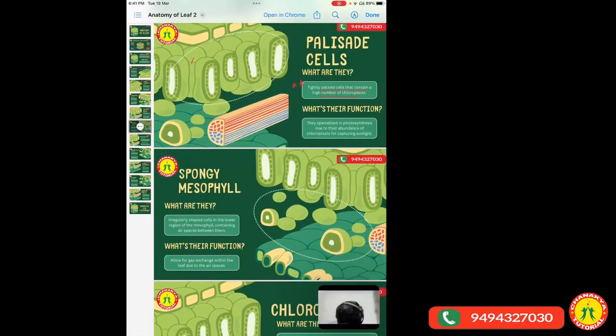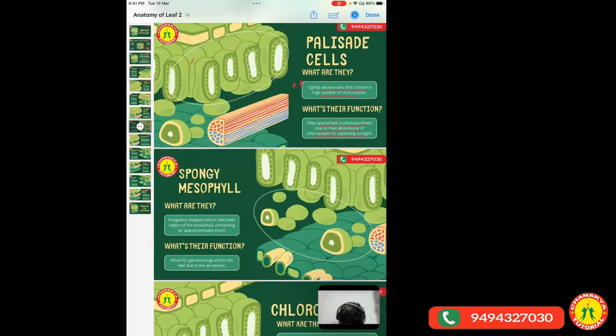The palisade cells are specialized for capturing sunlight because they have so much chloroplast, so they absorb more sunlight.